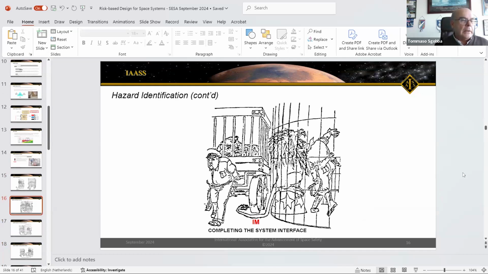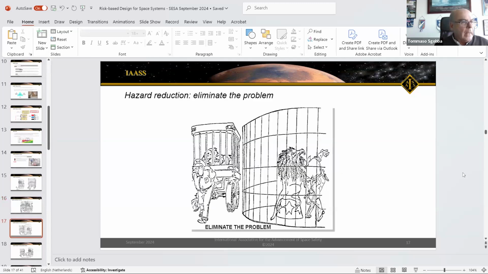The wheel of the cart squeezing the tail of the lion while he's doing a quite tricky exercise. So this is the hazard. You see, the hazard is a condition that is there that could be triggered. Eliminate the problem, cut the tail, of course. No one will do this.